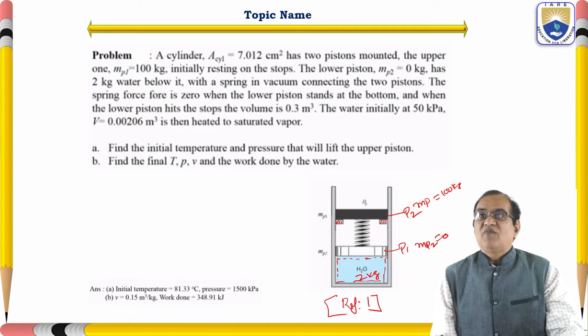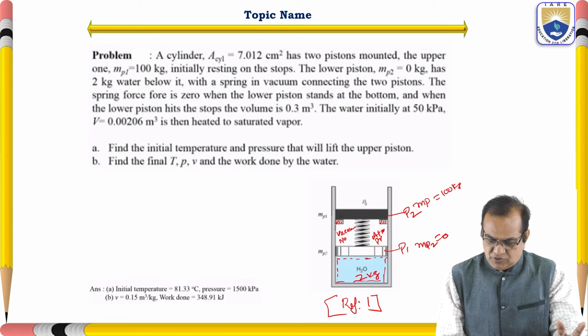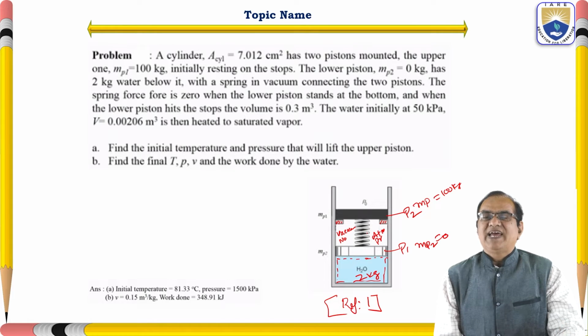With a spring in a vacuum connecting the two pistons. So here it is a vacuum. Vacuum means we can understand that there is no atmospheric pressure, P naught is equal to 0 here. It has a spring in a vacuum connecting the two pistons.